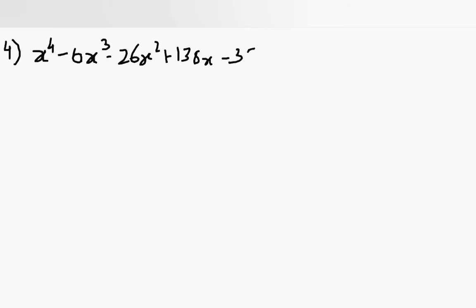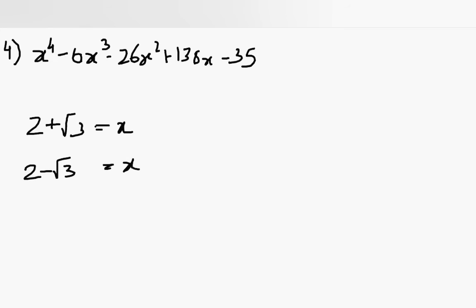The polynomial is x raised to 4 minus 6x cube minus 26x square plus 138x minus 35, and the zeros are 2 plus root 3, so x equals 2 plus root 3, and 2 minus root 3 is equal to x.